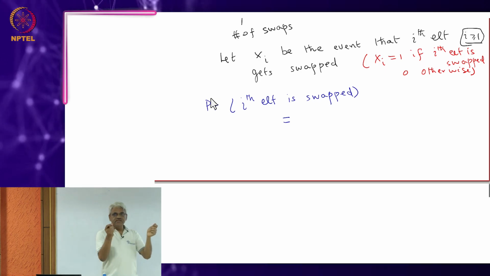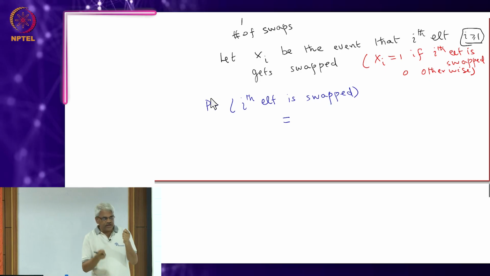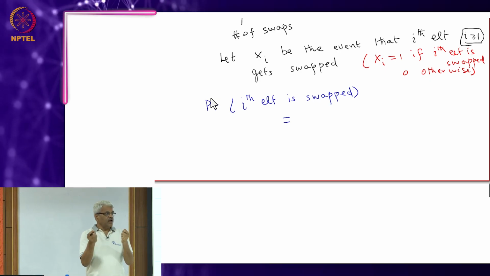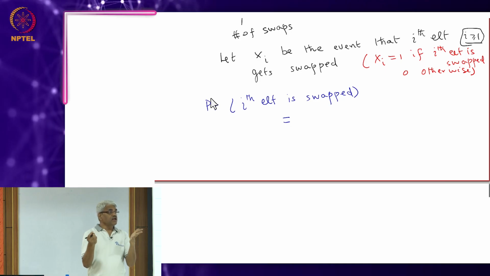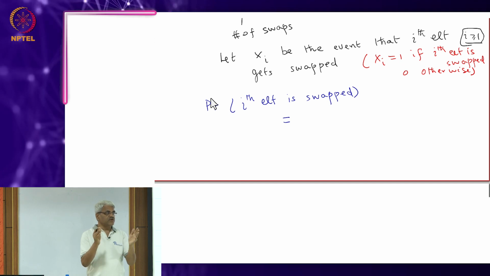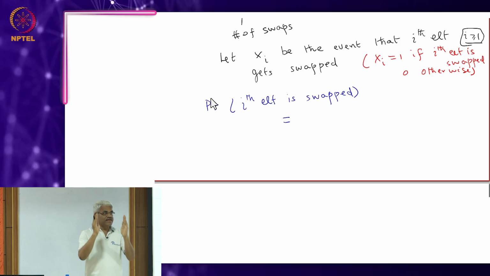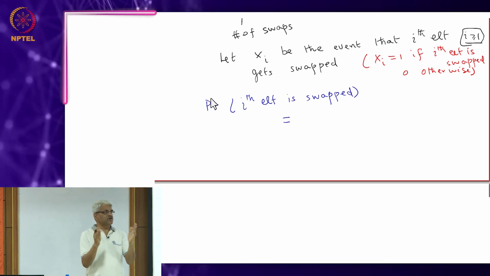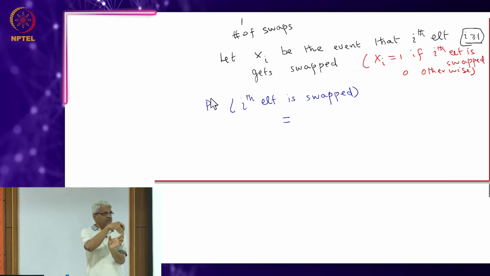You are reading and you look at this Ai. When is it going to enter your max? If that element is greater than the previous ones. What does that mean? It is the largest in the first i positions, because the previous max is basically the max for the previous elements.